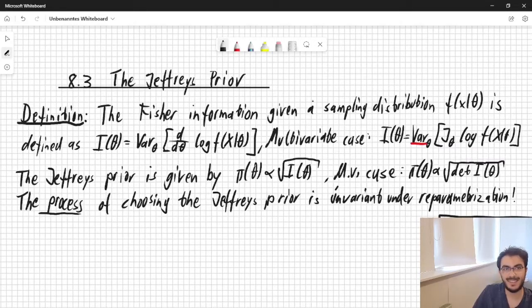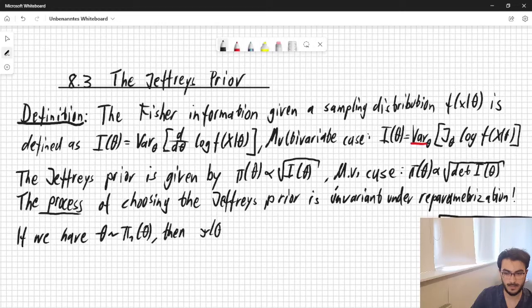I'm saying that if we have some value theta and we assign this data set the probability distribution pi of theta, let's say pi 1 of theta, then the information that this value gives about this reparametrization, so let's say the distribution of tau of theta, pi 2 of xi, is the Jeffrey prior which we would choose for xi.